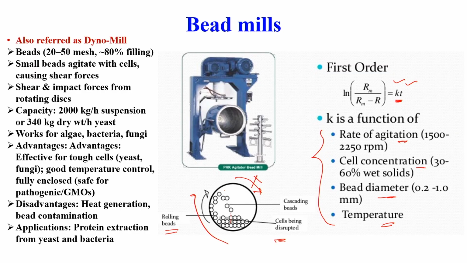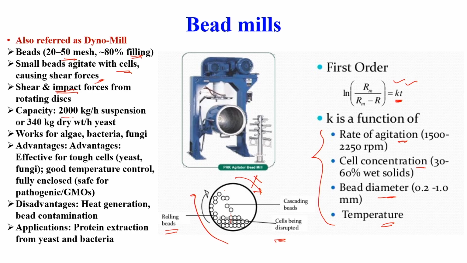The typical diameter of the bead we refer to in terms of mesh is 20 to 50 mesh, and it occupies 80% of the internal space. These small beads agitate with the cells, causing shear force, and when they are rotating they apply impact force from rotating discs.